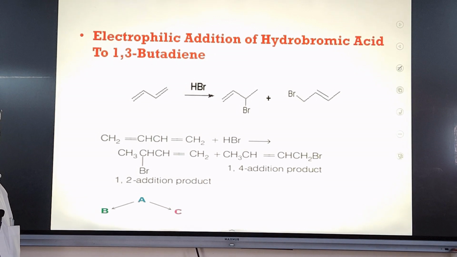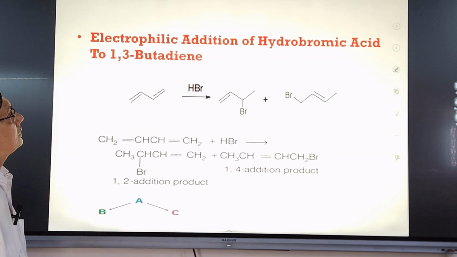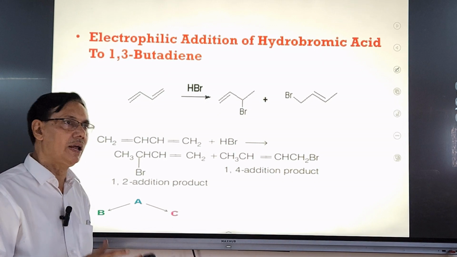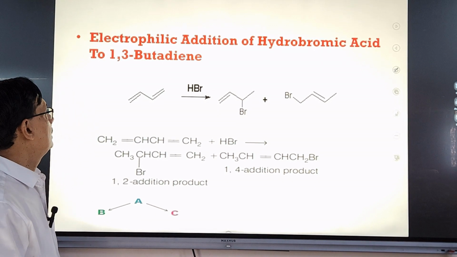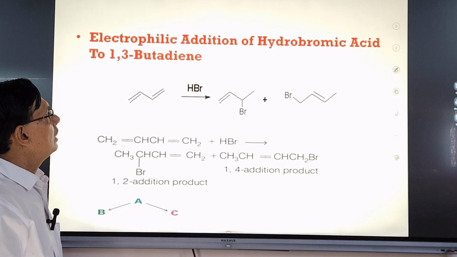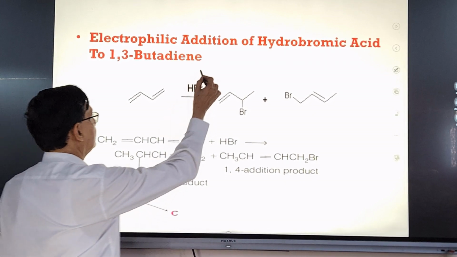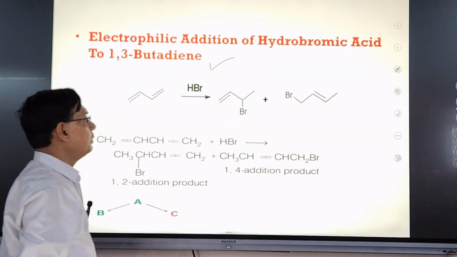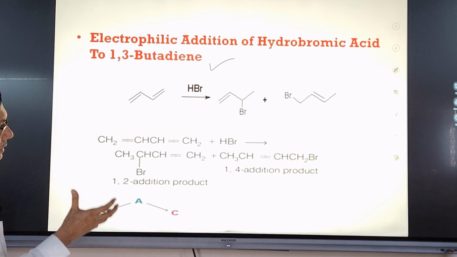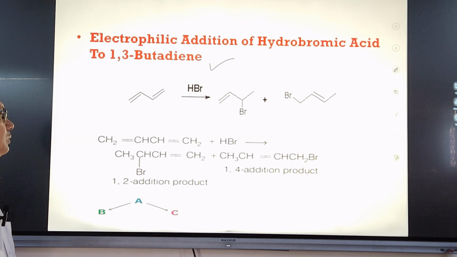This is a very common reaction, and you will find it in most books. So for the sake of students, I am also using this very common reaction to understand thermodynamic control and kinetic control, that is the electrophilic addition of hydrobromic acid to 1,3-butadiene. It is a very popular reaction, and I will explain which part is thermodynamic control and which part is kinetic control.